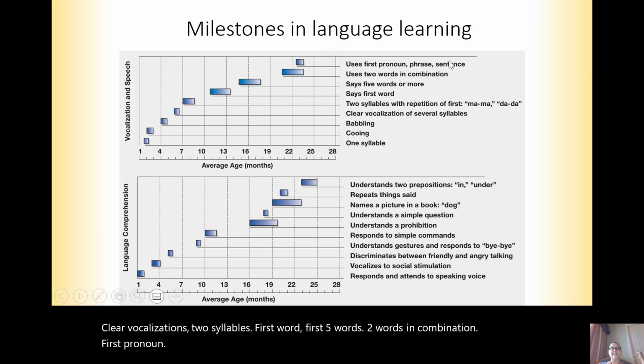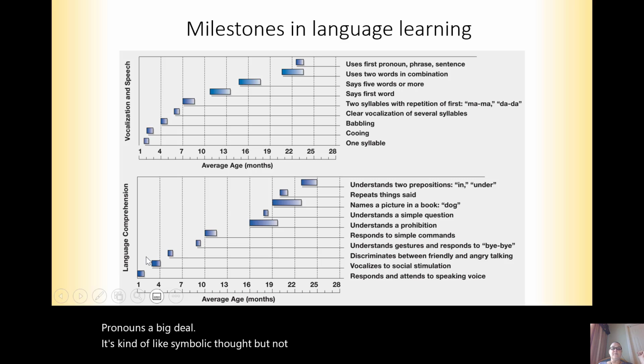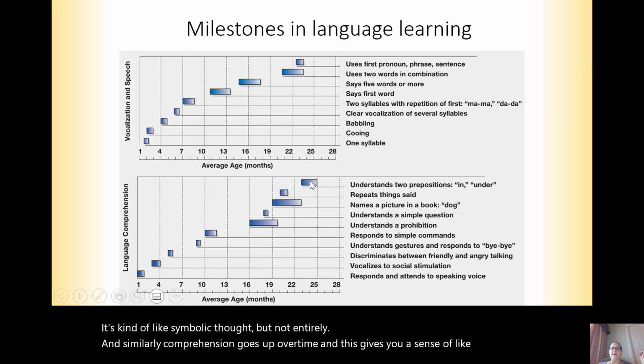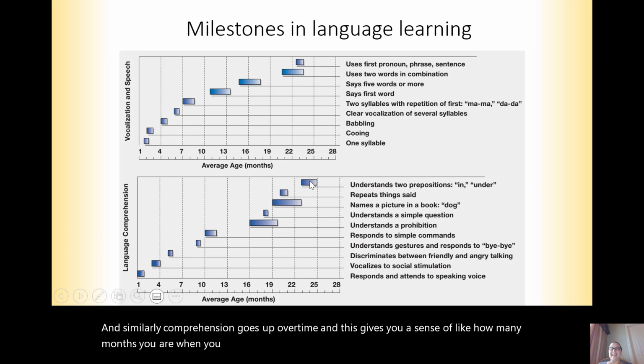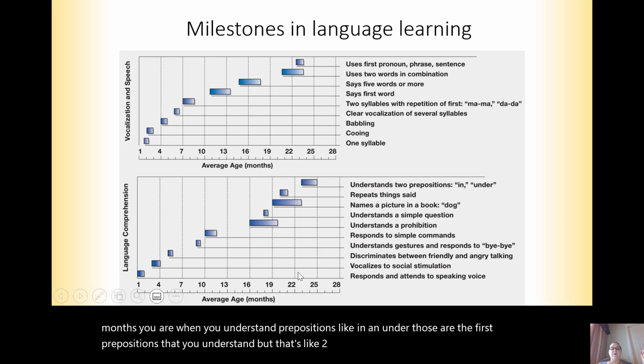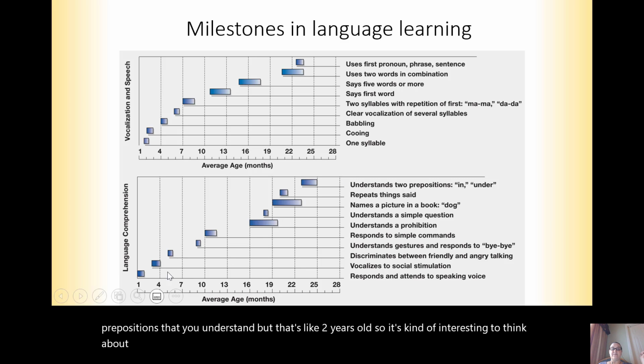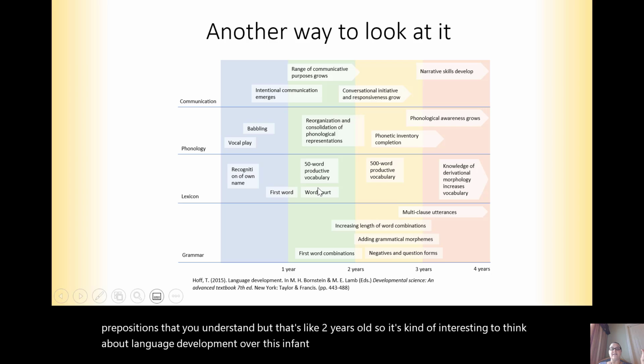A pronoun's a big deal. It's kind of like symbolic thought, but not entirely. Similarly, comprehension goes up over time. This gives you a sense of how many months old you are when you understand prepositions like in and under. Those are the first prepositions that you understand, but that's like 2 years old. So it's interesting to think about language development over this infant time span, which we've already studied.